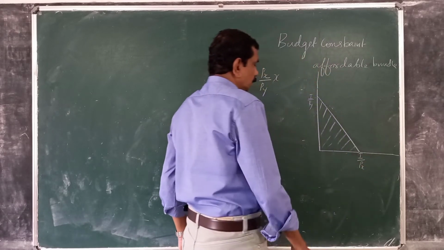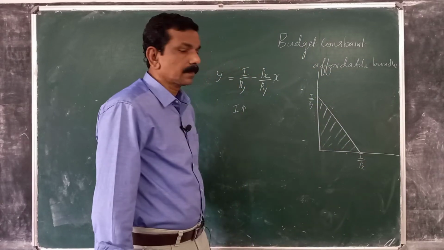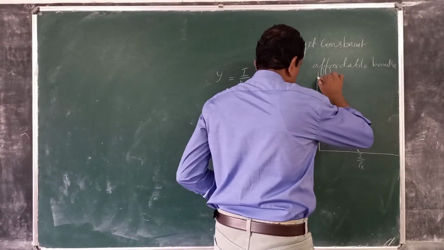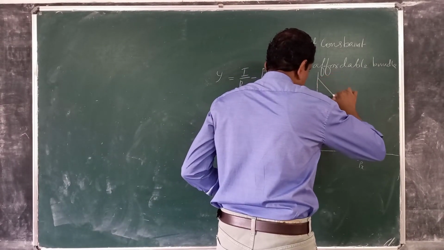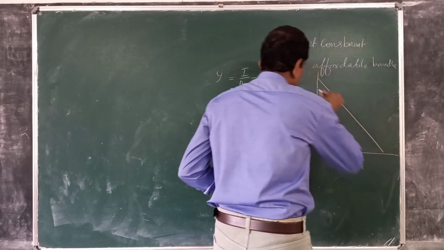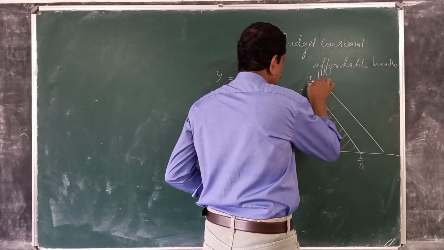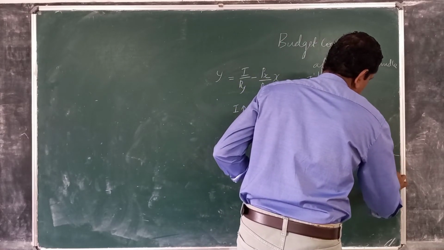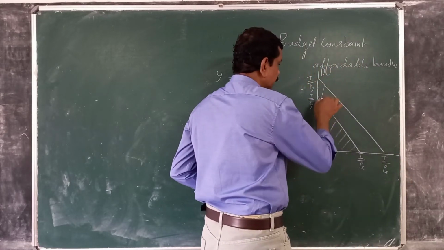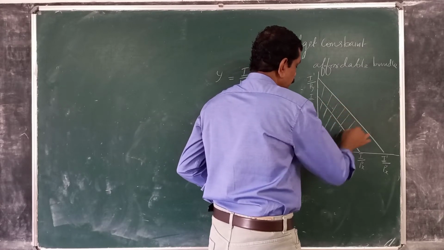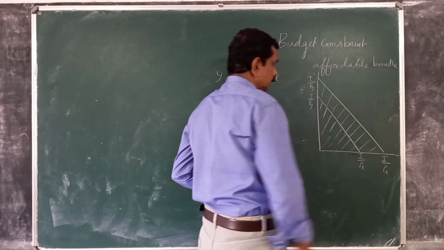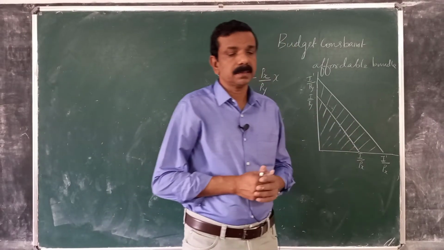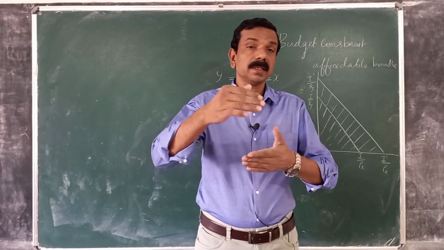If income changes, then it follows that you have a parallel shift in the budget line like this. Say I dash by Py, I dash by Px, a parallel shift, and the opportunity set, the budget constraint shifts upwards parallelly, a vertical shift.